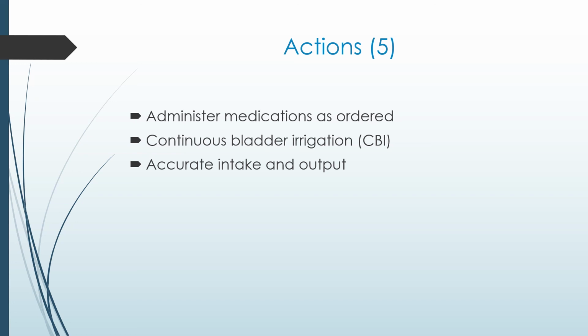We're essentially irrigating the bladder, rinsing it out, and then it's going to go in one part of the Foley, and with the other part of the same Foley, the urine and the irrigation are going to come out. And this client is going to be on accurate intake and output.